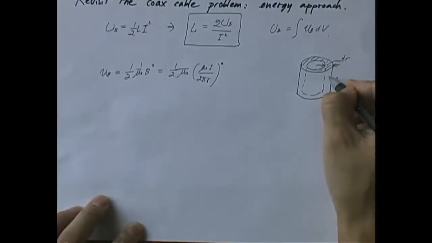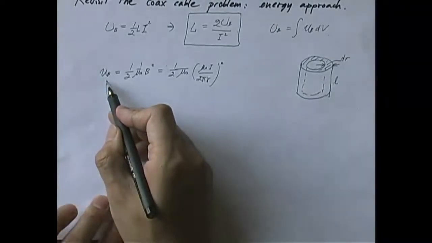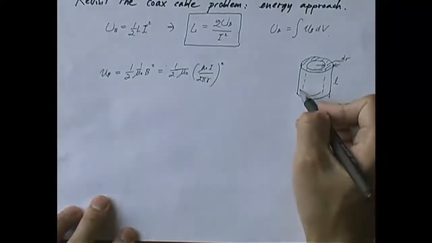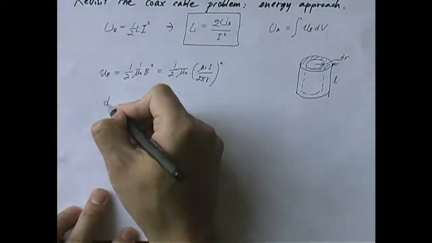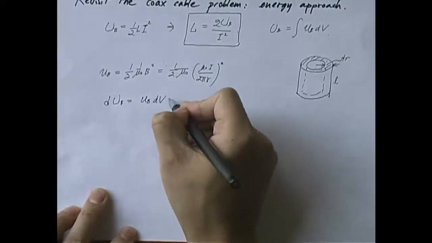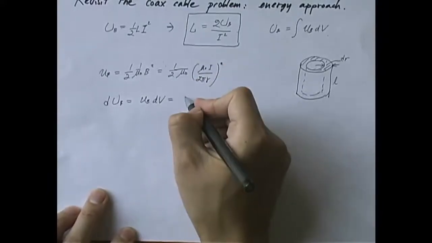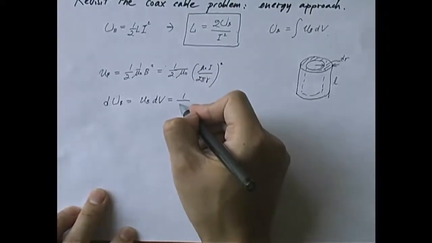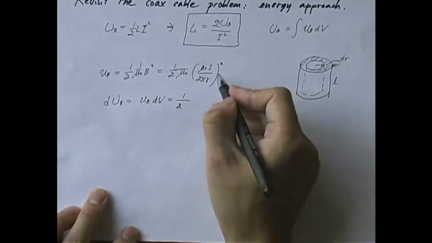Multiply that volume of the shell by u_B, you get the magnetic energy stored within this shell. So you get dU_B equals small u_B times dV. Let me copy that u_B here. It's 1 over 2 mu naught. In fact, let me clean things up a little bit.